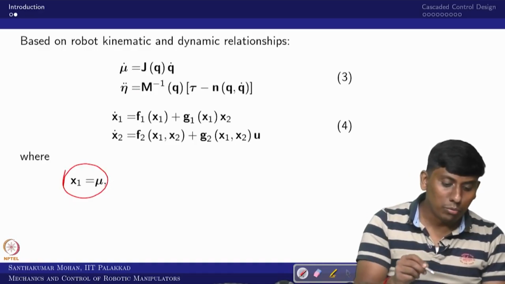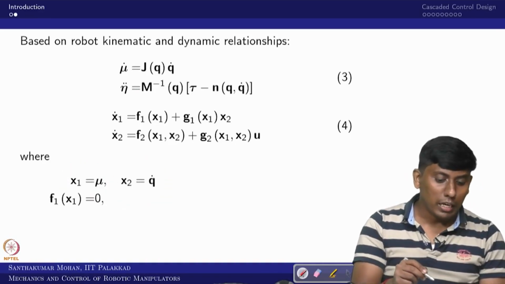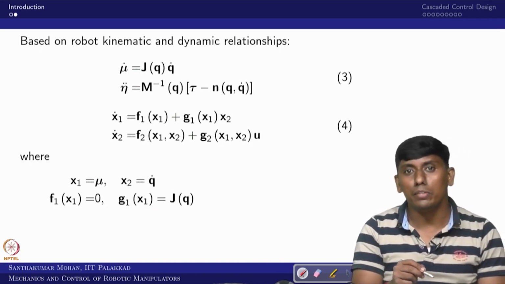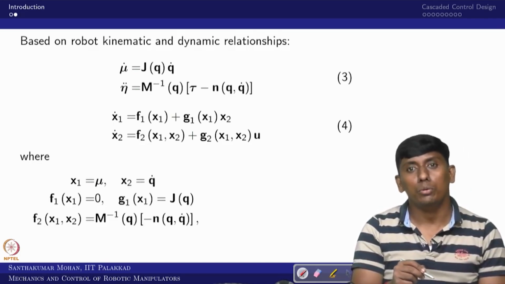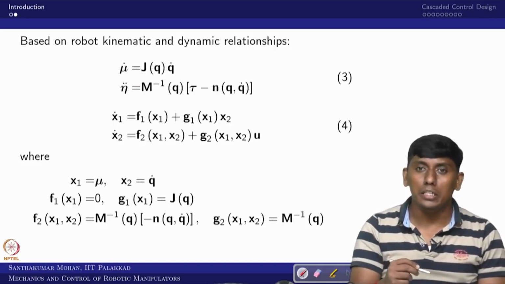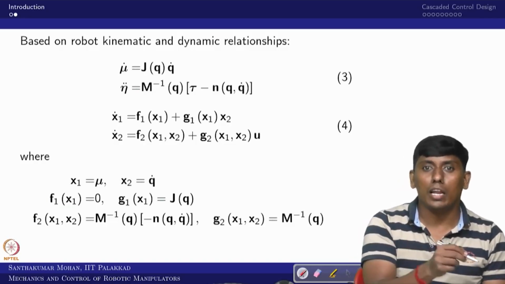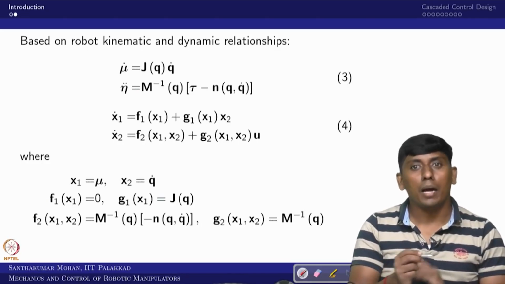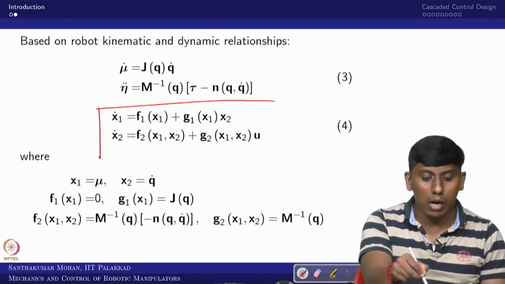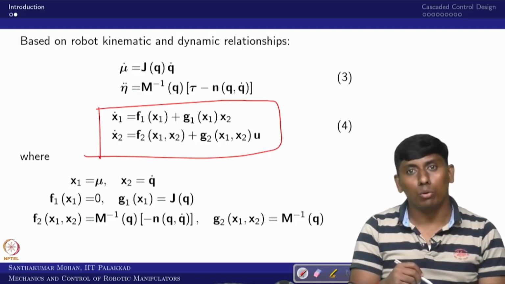I assume that x1 is mu and x2 is q dot, and then I can find the other variables like this. Based on this, I can go to the cascaded control design and bring back what is supposed to be tau. I am taking only these two equations, and based on them I am trying to derive the control design.